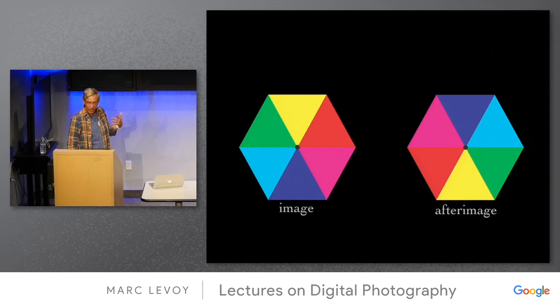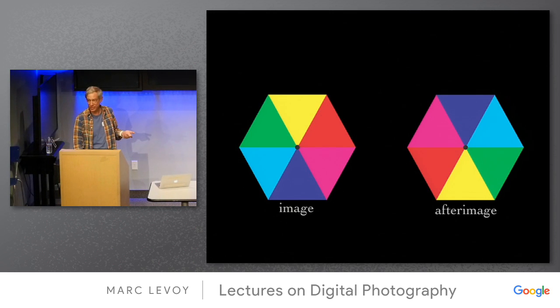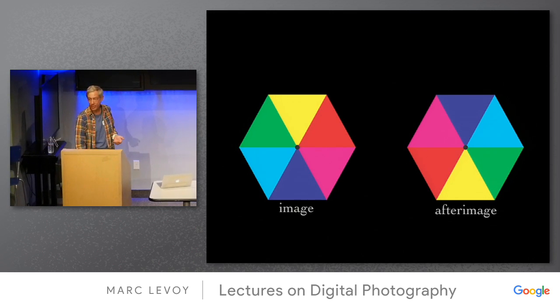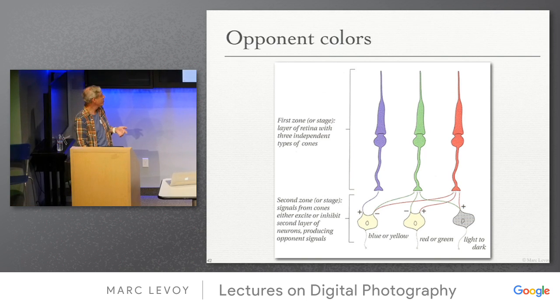And so in the 19th century, in the history of psychophysics, one of the questions they wanted to answer is, why is this true, that the after-image colors seem to be the complementary colors? What they came up with that is now accepted as correct is that there is processing in the retina that computes this.